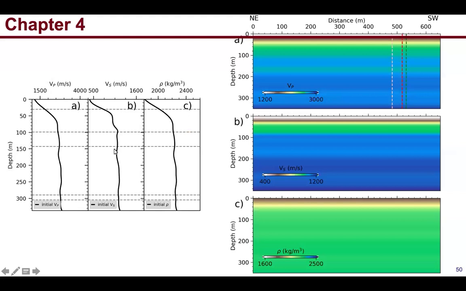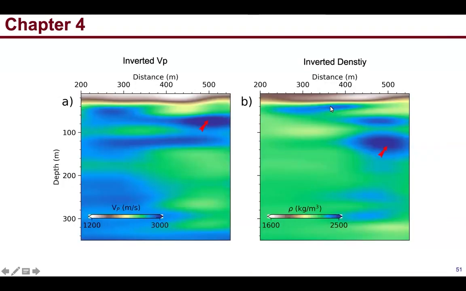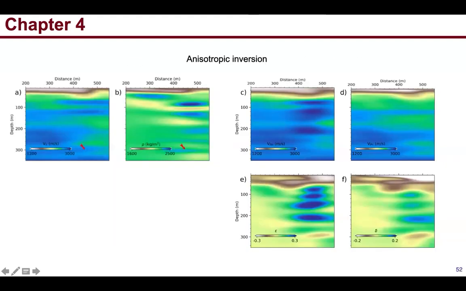We built the initial model similar to before. This is the result of isotropic inversion without considering anisotropy. And this is the result generated using anisotropic FWI.